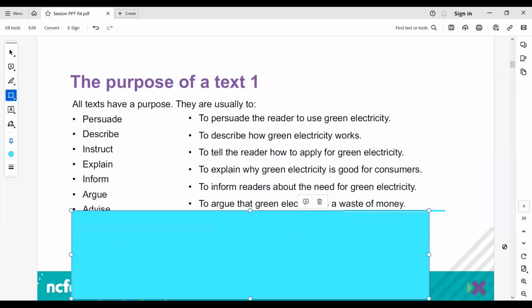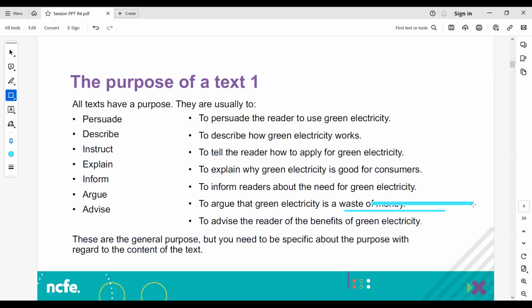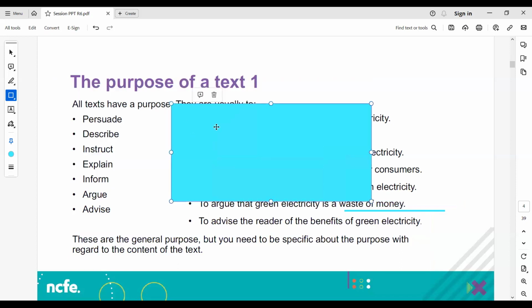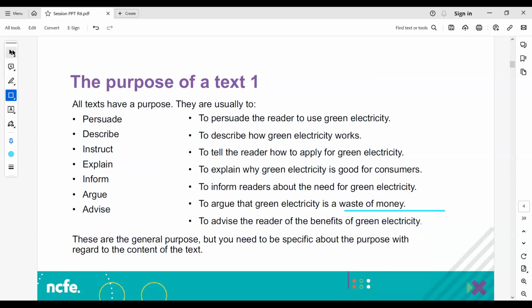To argue, so to argue that green electricity is a waste of money. And to advise. So to advise the reader of the benefits of green electricity.